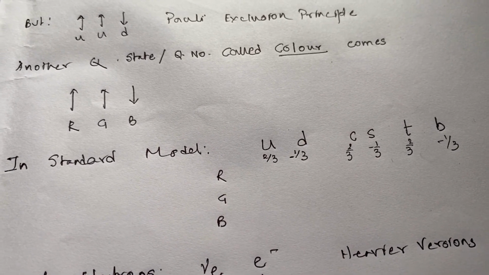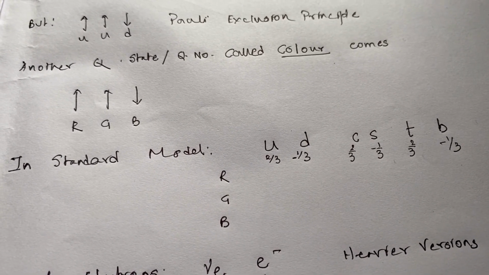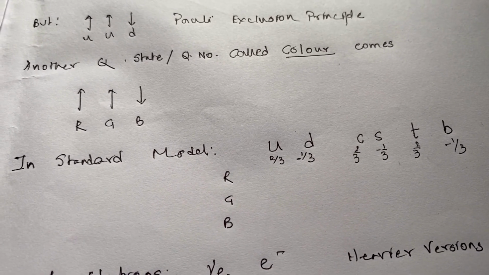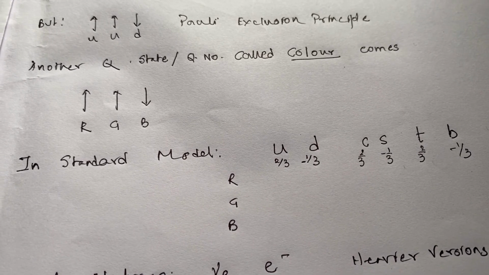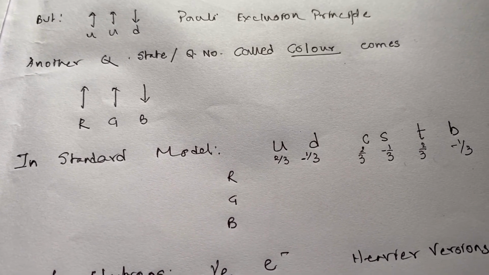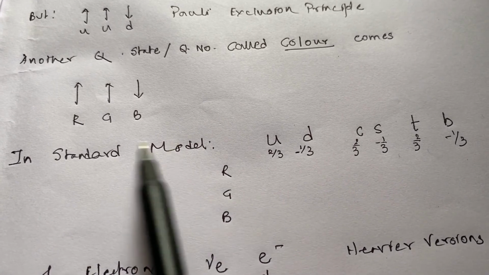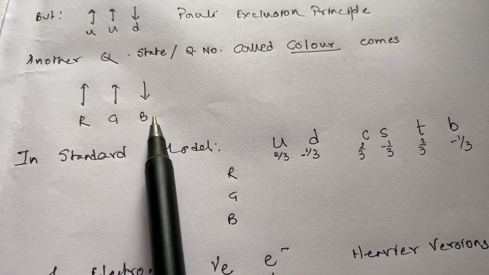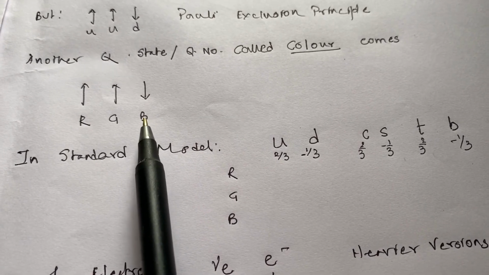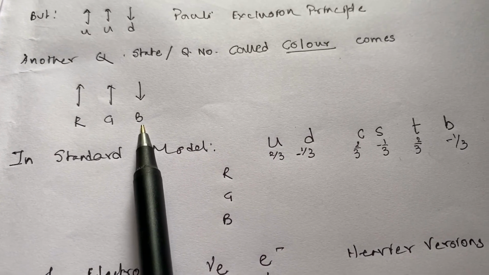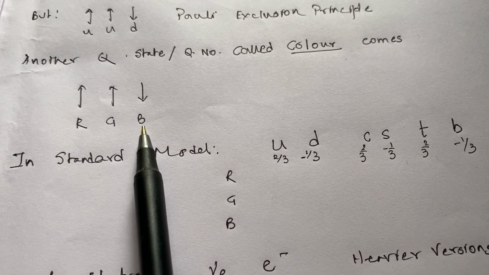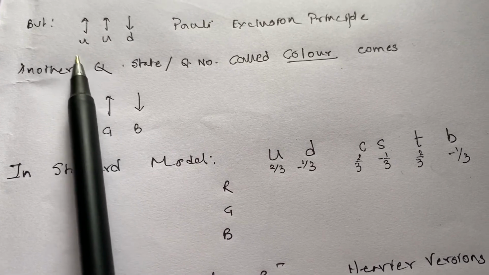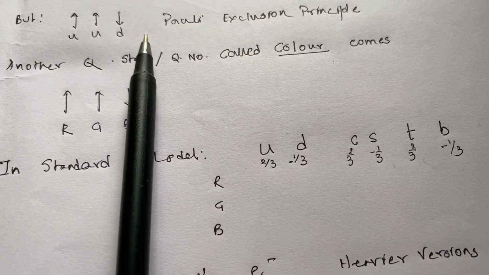The electromagnetic force arises from the interaction between electric charges, and in analogy with that, because of the interaction between these red, green and blue quarks, the strong interaction may arise, and this strong interaction holds these quarks together.